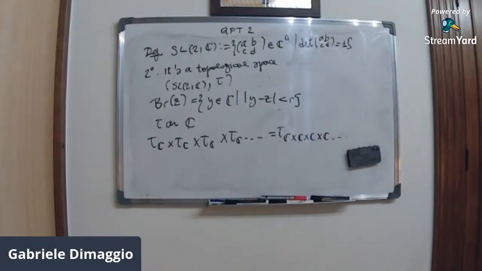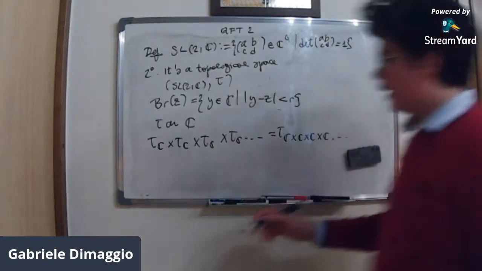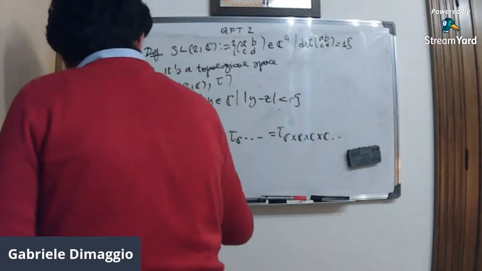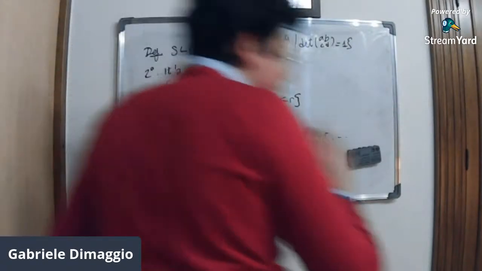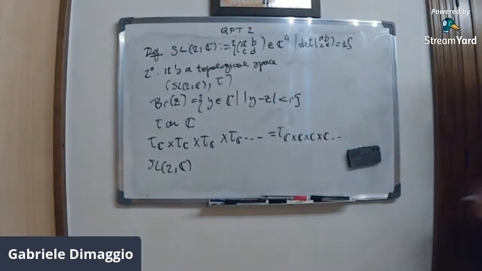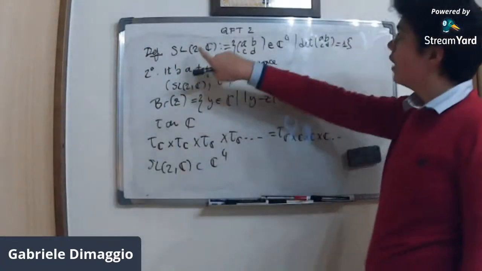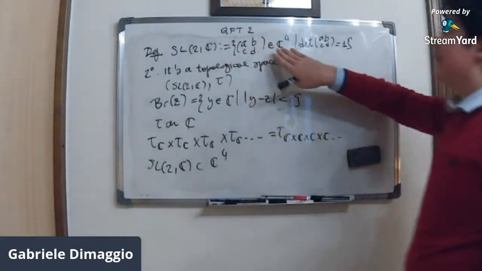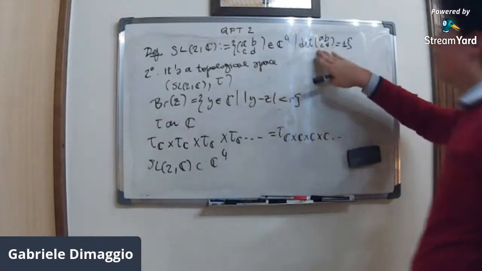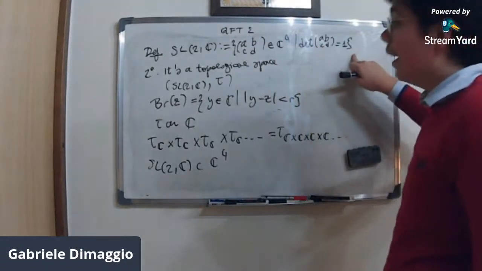And so now, attention, because I have that SL2C is a subset. Is a subset of what? Of C4. In fact, I have the set of all matrices in C4 such that the determinant of this matrix is equal to 1.